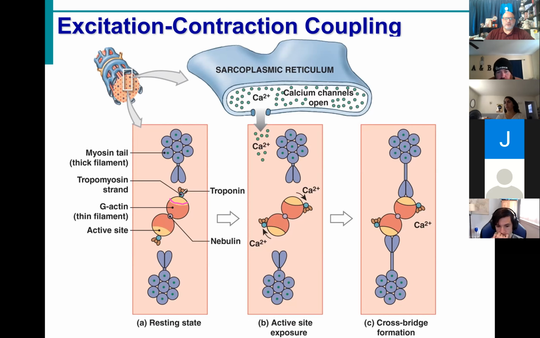But that pesky tropomyosin is in the way. And there's its handle, the troponin. So when calcium is released, it binds to the troponin, causes the troponin to change shape, and causes it to rotate off of the side. Now our binding site is exposed, and now the myosin is able to grab onto the actin, and our contraction can begin.